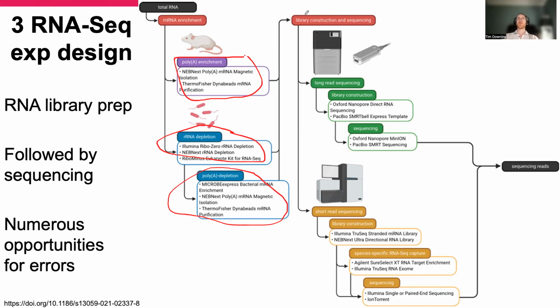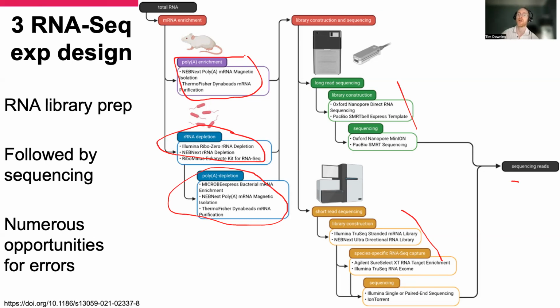After this step, we can go on to library construction and sequencing, and there are differences depending on whether we're using, say, an Illumina short-read library or a longer nanopore library. So there are different prep kits depending on which library approach is taken. We can analyze RNA data using either approach, but there are slightly different ways to generate the reads of interest.